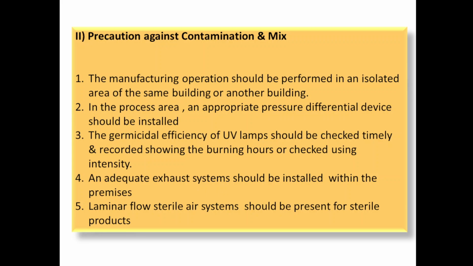Such laminar airflow, horizontal and vertical types, is available, and due to laminar airflow there is unidirectional flow of air with uniform velocity and in a uniform direction, and that helps to maintain sterile air inside the area where the manufacturing process is carried out.